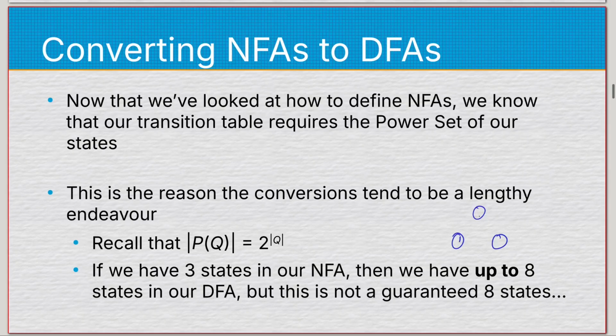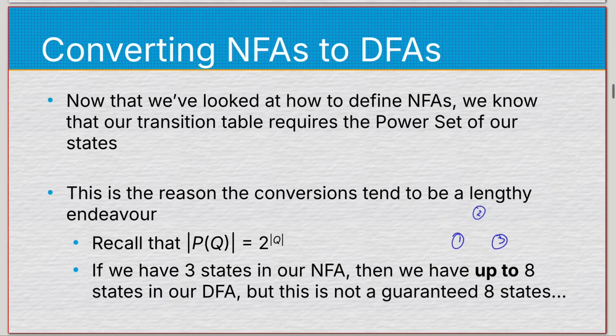Well, if that's 1, 2, and 3, there are going to be up to 8 ways that I can represent this. And that does include the empty set and everything, because the power set can have an empty set inside of it, because the empty set is a subset of all sets. And then everything else is just 1, 2, 3, 1 2, 1 3, 2 3, and then 1 2 3.